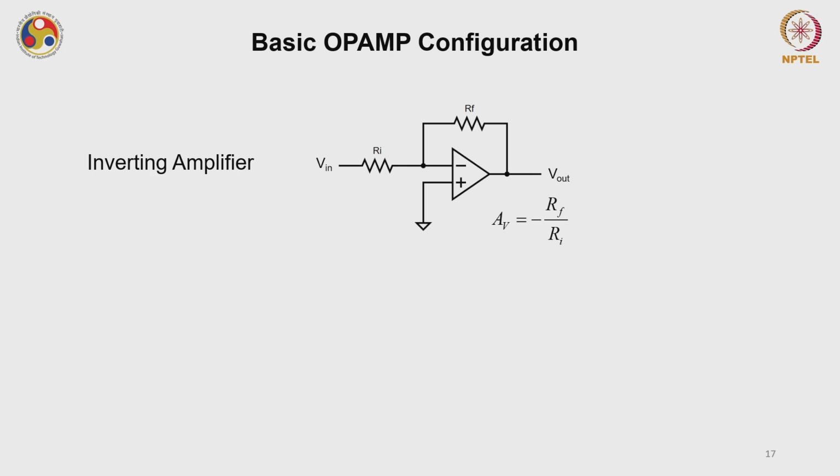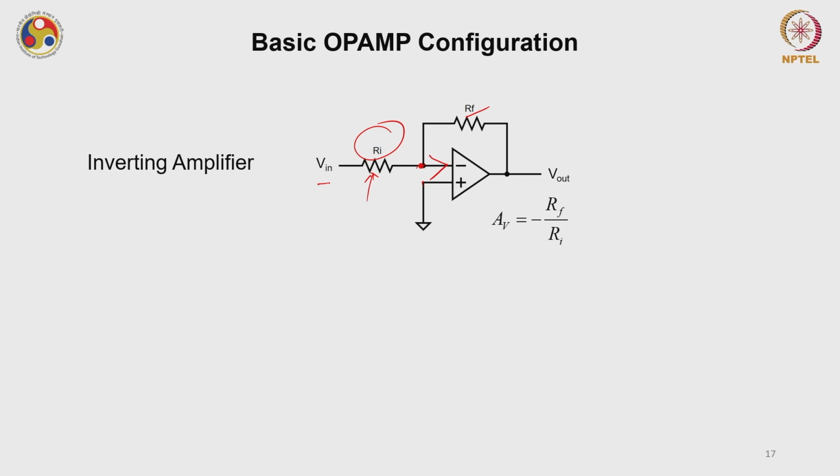You can see there is a feedback resistance RF, and the input is supplied to the negative terminal, where Ri is the resistance in between Vin and the negative terminal. There is a concept of virtual ground, which suggests that the potential at these terminals of the op amp will be 0, and no current actually flows into the op amp.